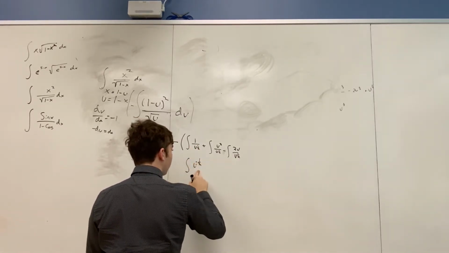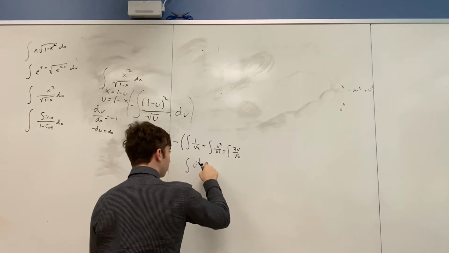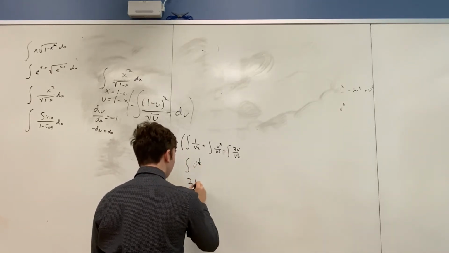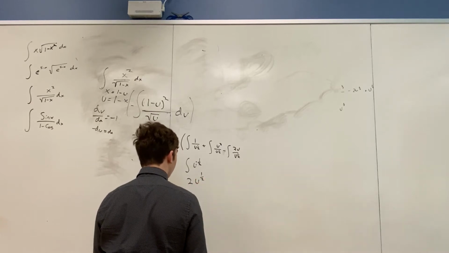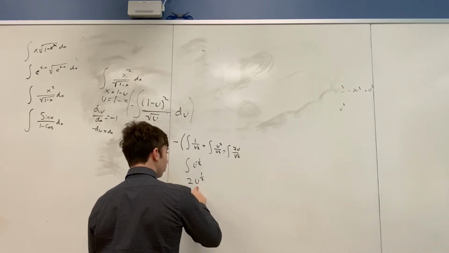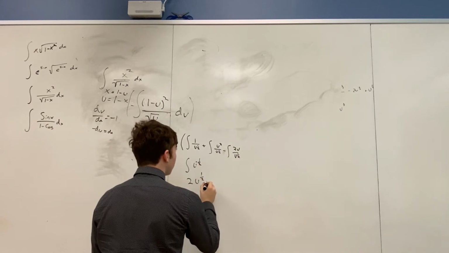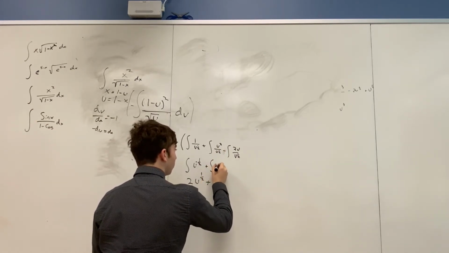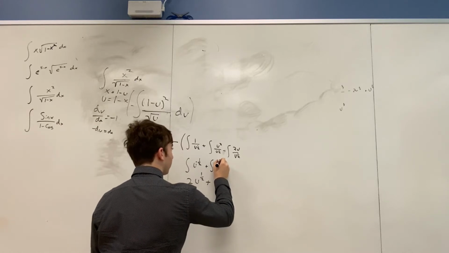Now, if we simplify this here, we're just going to have the integral of u to the minus 1/2, and when we integrate this, we add 1, that's just 1/2. So dividing by 1/2 is multiplying by 2, so we're going to be left with 2u to the 1/2. Then we have plus the integral of u to the power of 3 over 2.